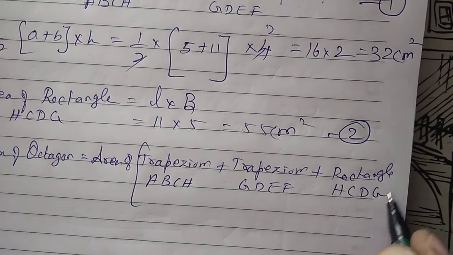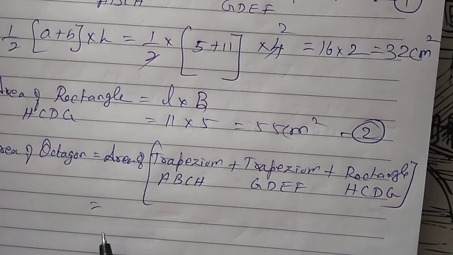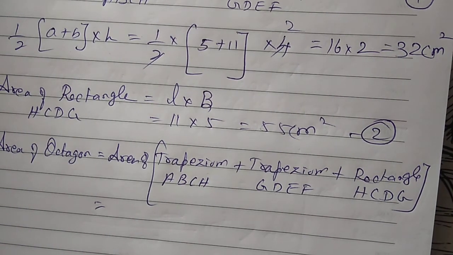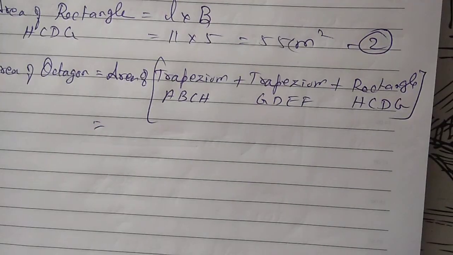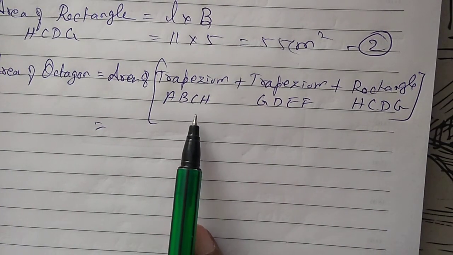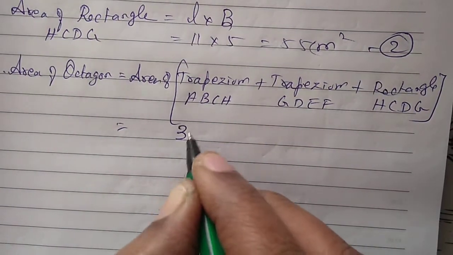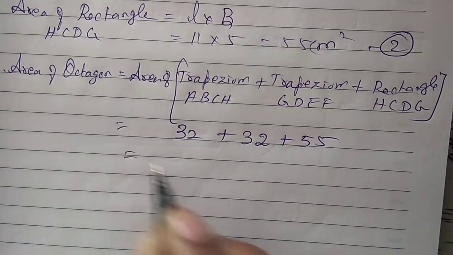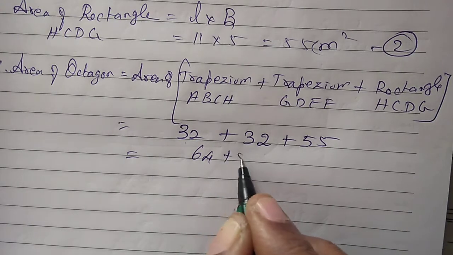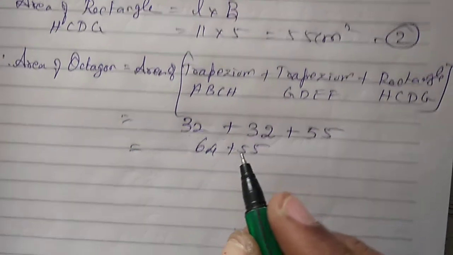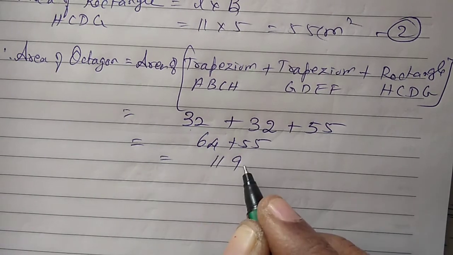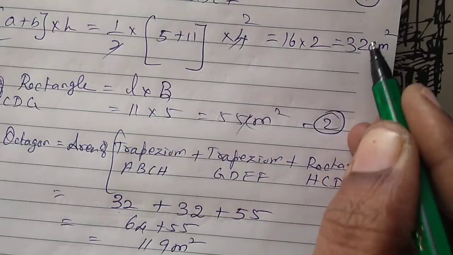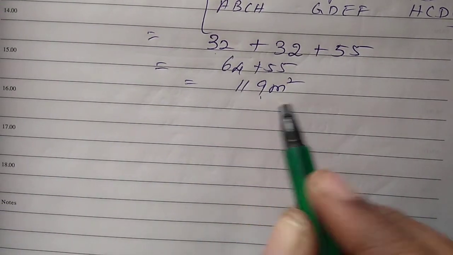The area of trapezium ABCH we got is 32, and this is the same as that 32. Then the rectangle is 55. So when we add 32 plus 32, 64, plus 55: 5 plus 4, 9, 6 plus 5, 11, 119. Since it is given in meter, it should be in meter square. So the area of the octagon is 109 meters square. So we have done with the area of the octagon.